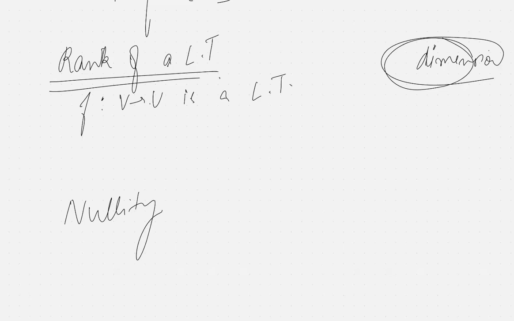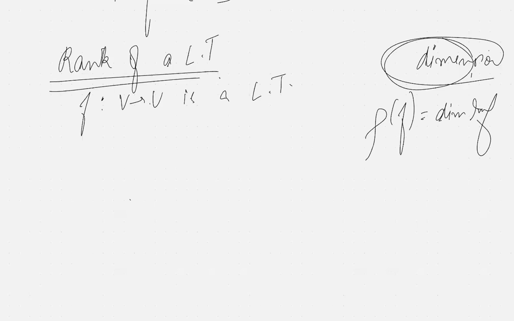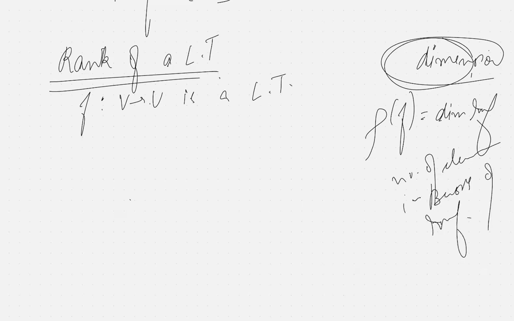What is the actual definition of rank? We will just be writing it. Rank of F is actually equal to dimension of image F, range F. Dimension means number of elements in the bases of image F. So there are a finite number of elements in the bases.